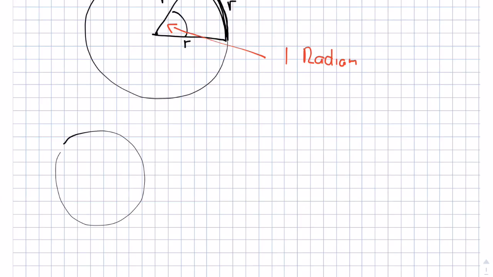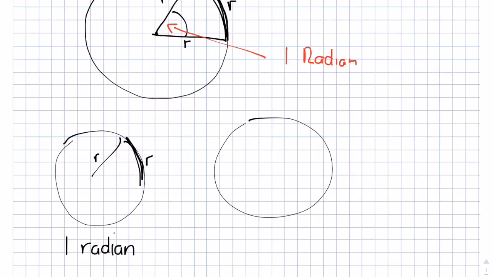So remember, if the length of that arc is the length of 1 radius, then we have 1 radian. If the length of that arc is 2 radii, then this angle here is 2 radians.